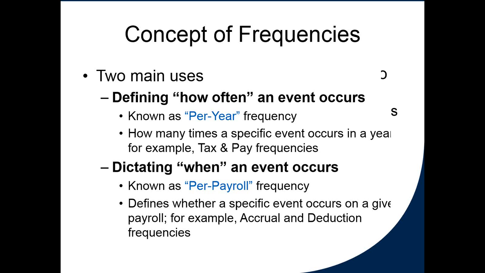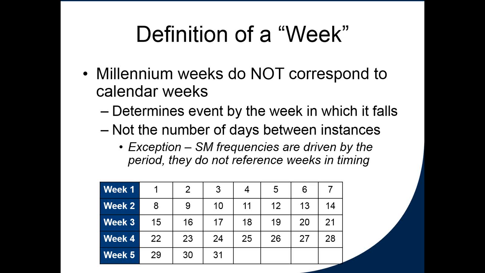And a week is always 1 through 7 being the first week, 8 through 14 being the second, 15 through 21 the third, 22nd through 28th the fourth, and the fifth week is always the 29th through the 31st. So there are times that you need to be very conscious of that when you are trying to determine when it is going to occur, whether it's going to happen the first week or the second week based off of their calendar.